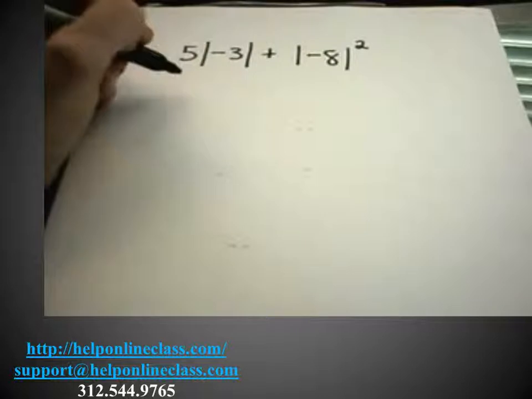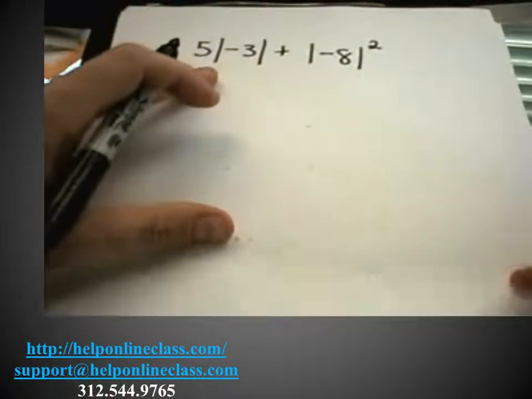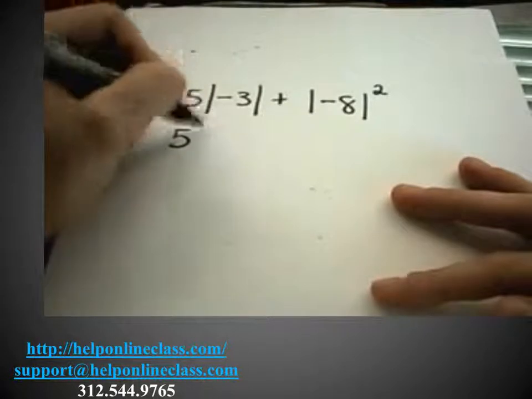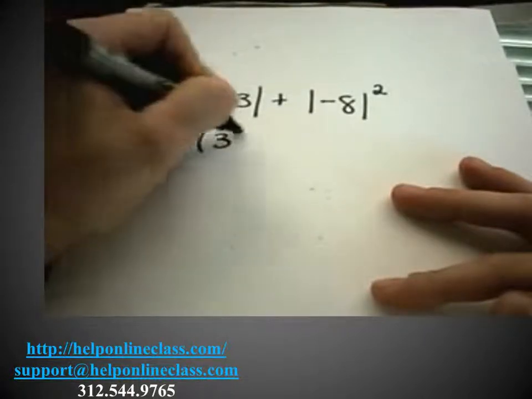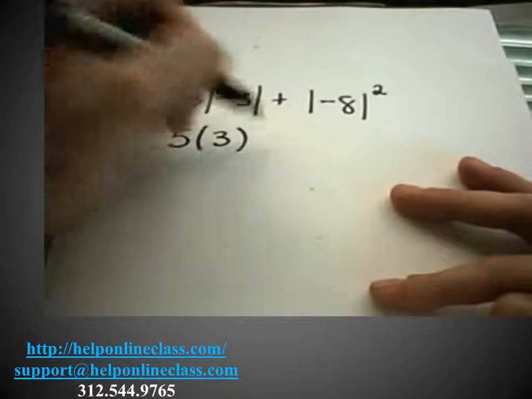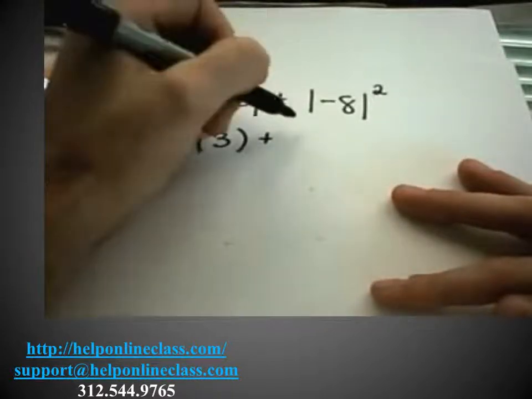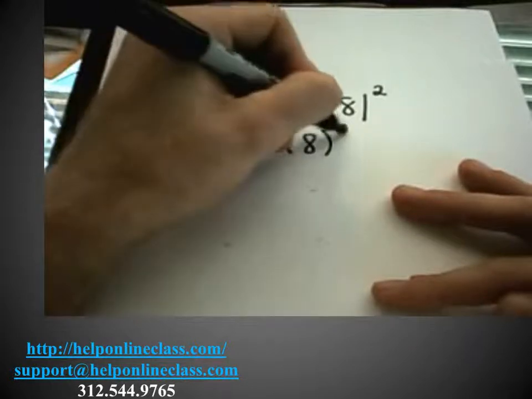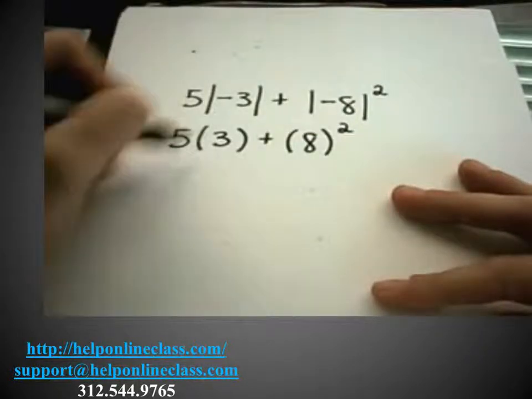Alright, well, in this case again we're going to do just the same thing. We'll simplify down our absolute value. So the absolute value of -3, that's going to turn into just positive 3, plus the absolute value of -8 is just positive 8, and we still have to square that.